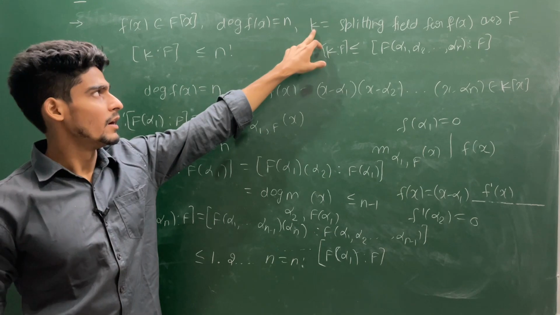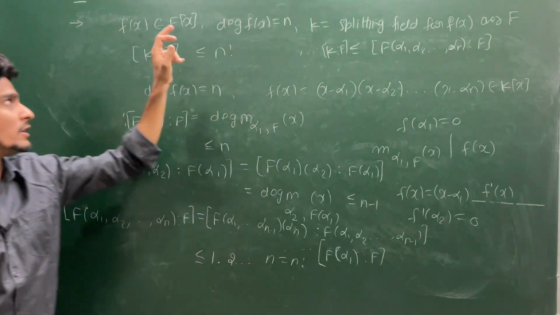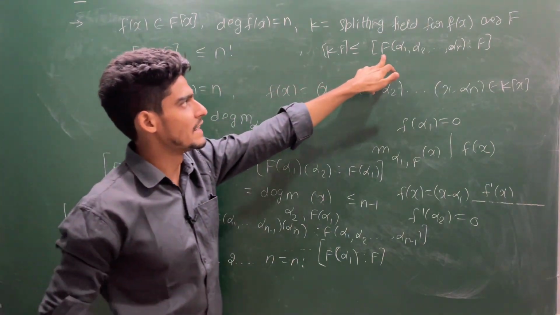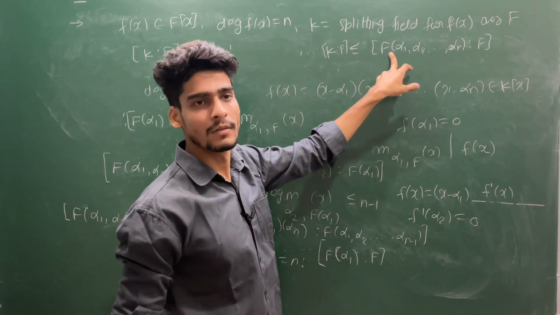So this is the smallest field which contains every root of f, and this is one extension which contains every root. So this must lie below this.